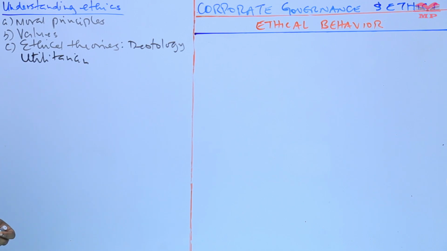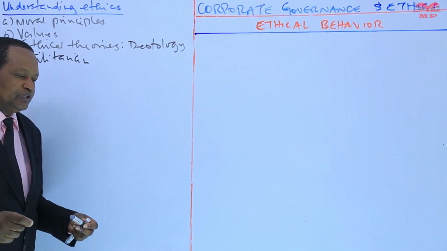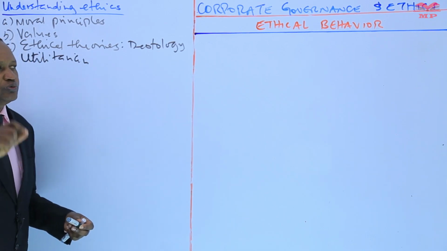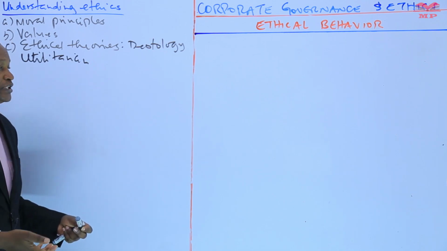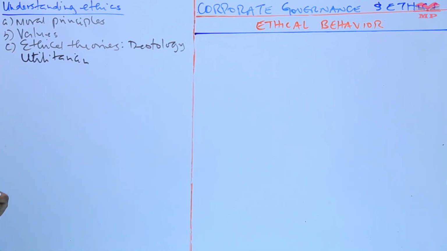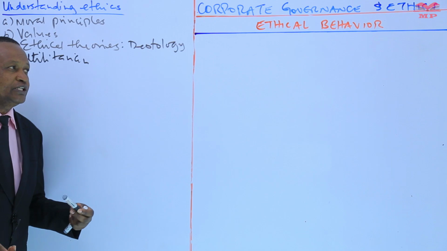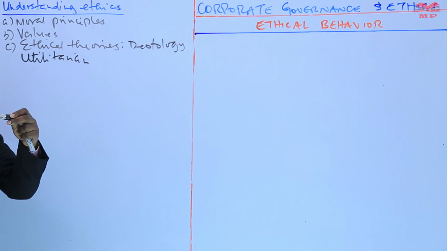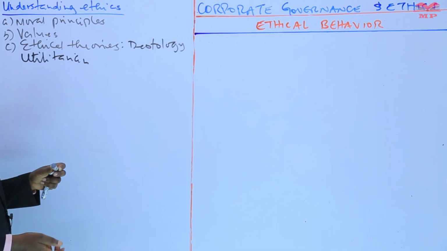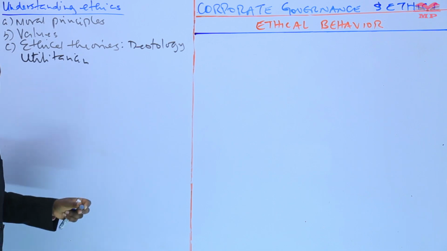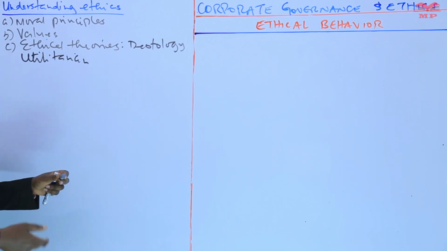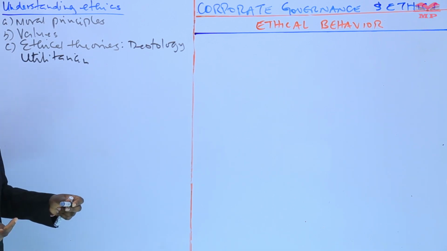Now, utilitarian theory focuses on maximizing overall happiness or well-being for the greatest number of people. An action that one takes should be one that maximizes the overall well-being or happiness of a great number of people. So when making a decision, one has to consider the effect the decision has on the number of people.